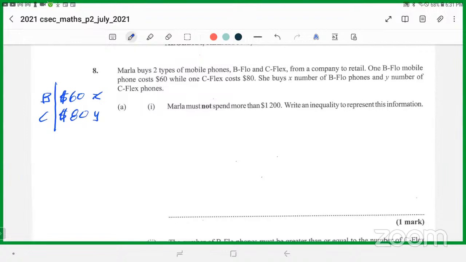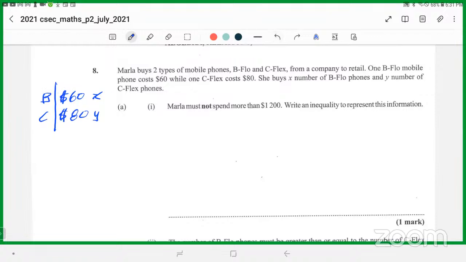It says Marla must not spend more than 1,200. She can't spend more than it. She can spend 1,200 or less. Write an inequality to represent this information. So this is the money she spends on the B phones. X phones, $60 each.